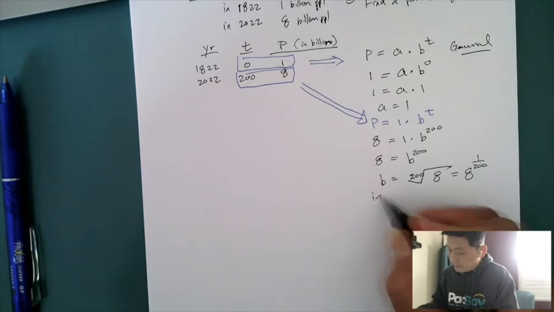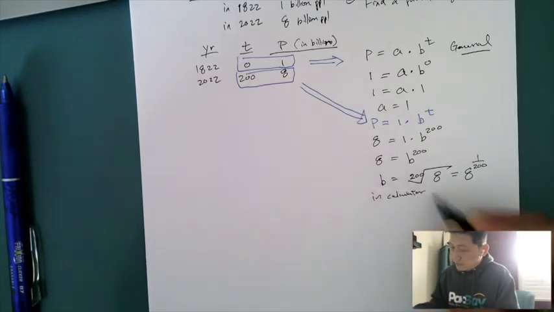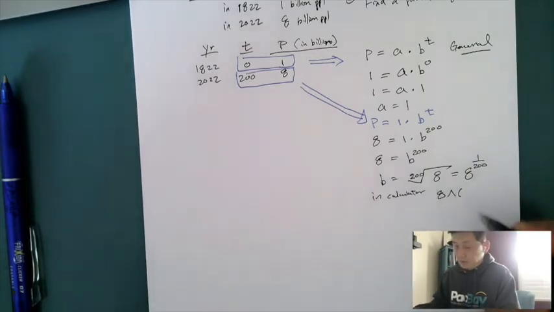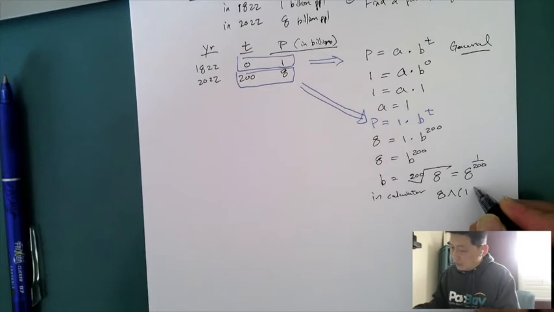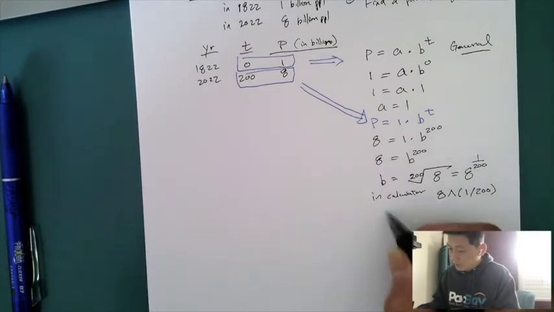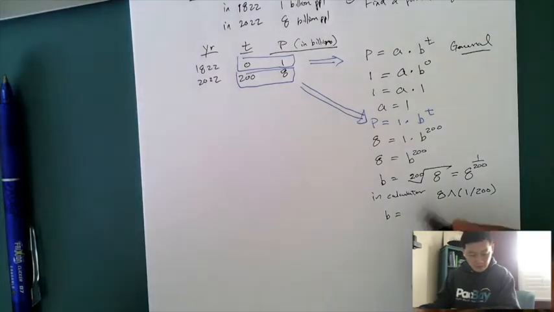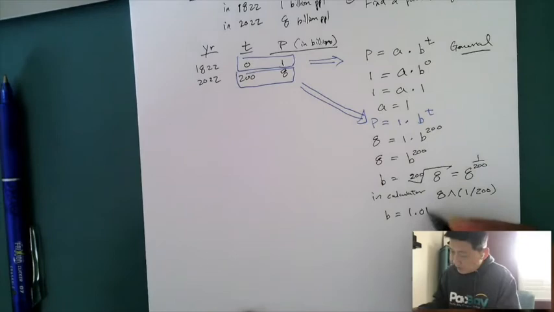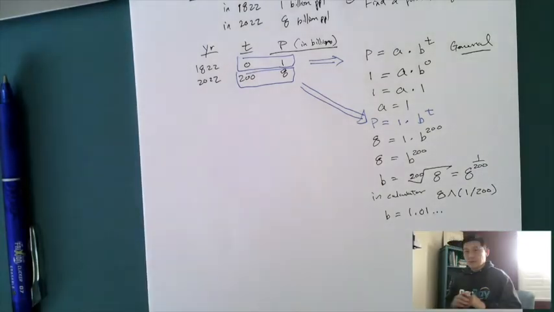So in a calculator, this is what you type in: 8 to the power, parenthesis. Make sure you put parenthesis, 1 over 200. Now that should give you, if I type in correctly, 1.01 and some sort of decimal over there.